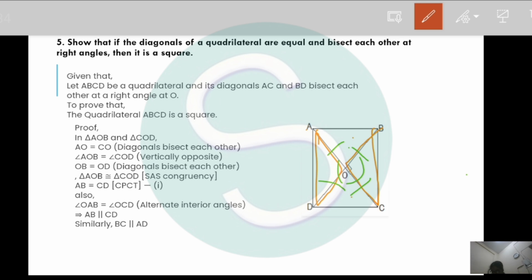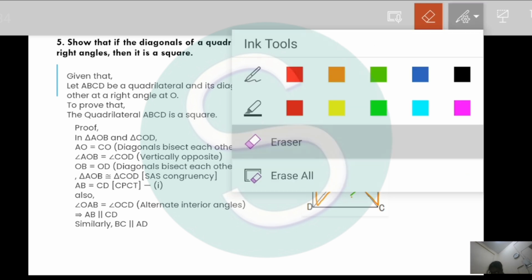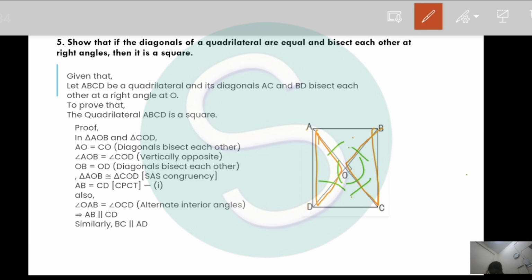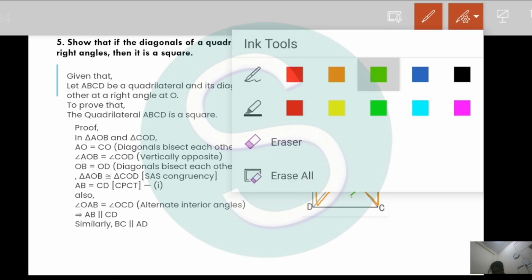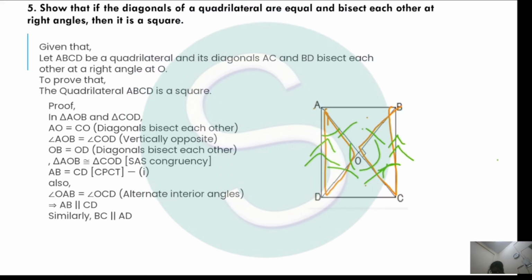So these two triangles are congruent. So what we can do is, we can say that this angle is equals to this, that is, alternate interior angles are equal by CPCT. So we can say that AD is parallel to BC. Now we will move to next part.